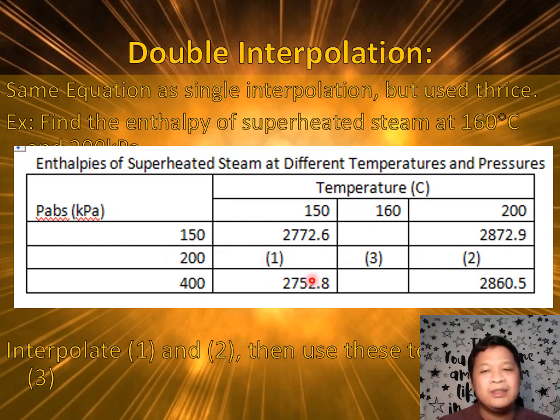Okay, so same deal lang yun, just have to repeat it 3 times, and a bit more confusing kasi every time yung equation mo, iba na yung y unknown na ginagamit mo.